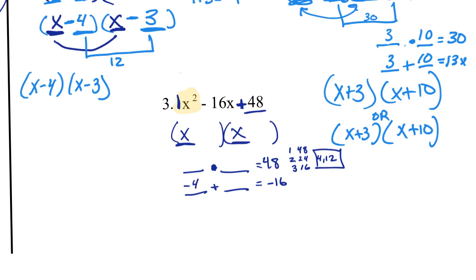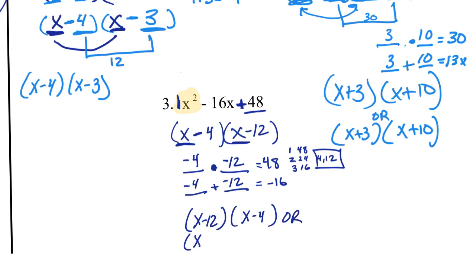Negative 4 plus negative 12 equals negative 16, and negative 4 times negative 12 is positive 48. So I now know that my binomials are x minus 4, x minus 12. So my final answer can be written with either group first, but you must have the signs correct. You can always check your answers with the distributive property.